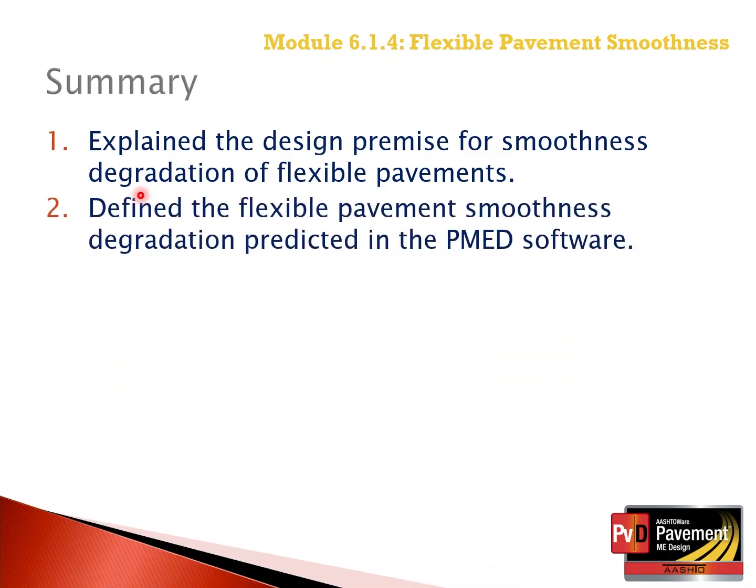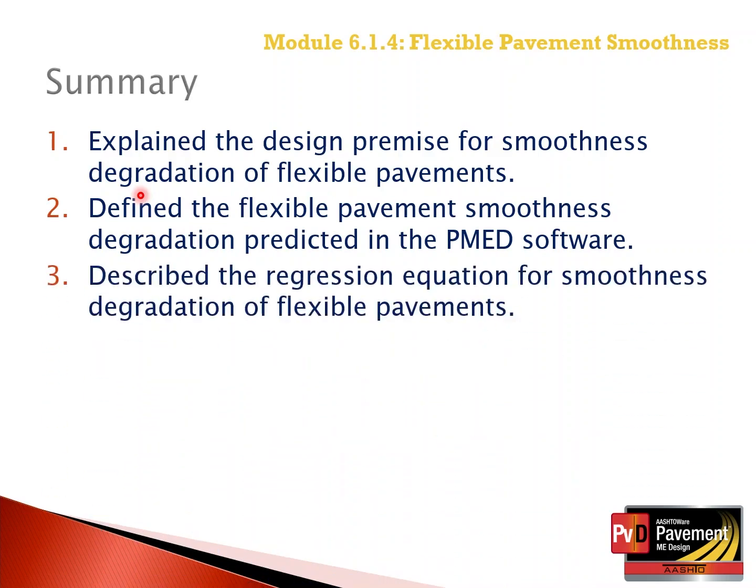We defined the increase in IRI predicted for flexible pavements in the Pavement ME design software. And we described the regression equation as well as the standard deviation of the residuals for increasing IRI over time.